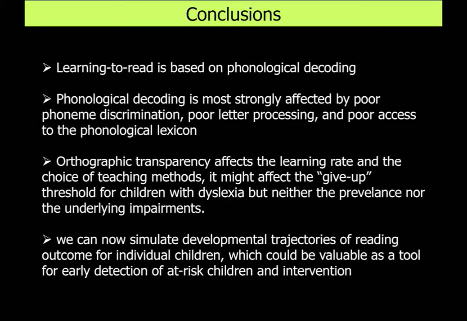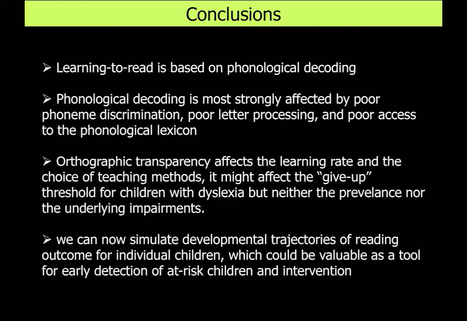So I tried to show you that learning to read is fundamentally based on phonological decoding, and that is true in every alphabetic language. Phonological decoding is most strongly affected by poor phoneme discrimination. You can use phonological awareness as a proxy, but again, that's also affected by poor letter processing and poor access to the phonological lexicon.